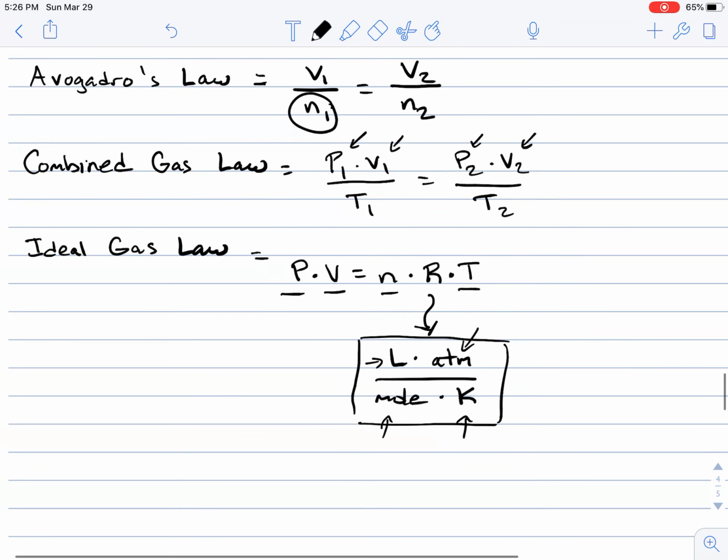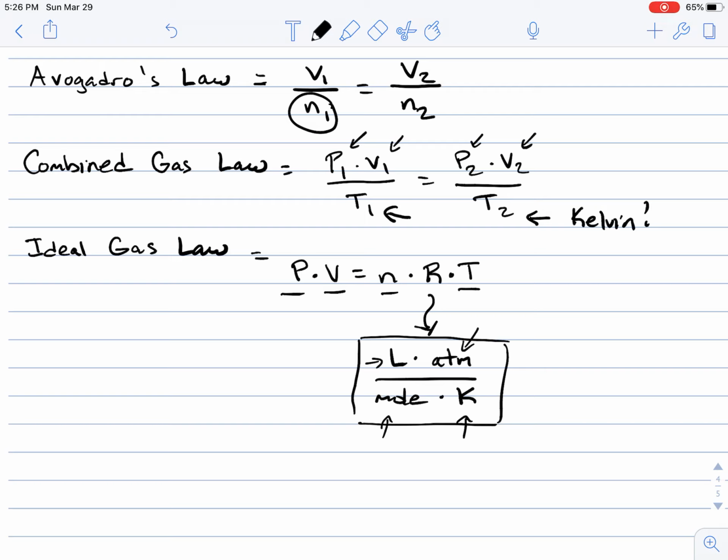Last but not least, since the combined gas law involves temperature, if you guys recall from earlier on, temperature must be in Kelvin units for gases. If your temperature is in degrees Celsius or degrees Fahrenheit, you guys are definitely going to get the wrong answer. If you recall, degrees Celsius and degrees Fahrenheit can go into the negatives.